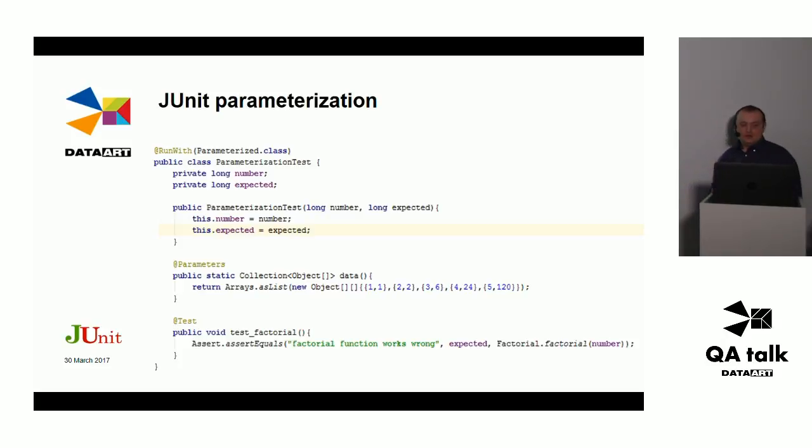Parameterization. Parameterization was very bad for JUnit 4, and for TestNG for many years it was a very powerful feature that was different. Do you know, if you, for example, have a test that is parameterized, for example, you have five possible values.